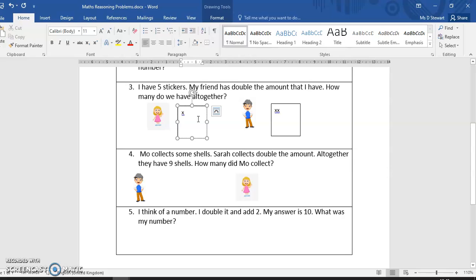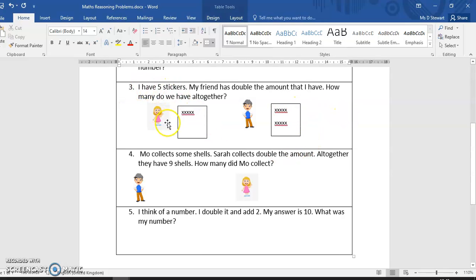So I have 5 stickers: 1, 2, 3, 4, 5. My friend has double the amount. So double 5 is going to be 1, 2, 3, 4, 5, 6, 7, 8, 9, 10. You could draw little rectangles or whatever works for you here.